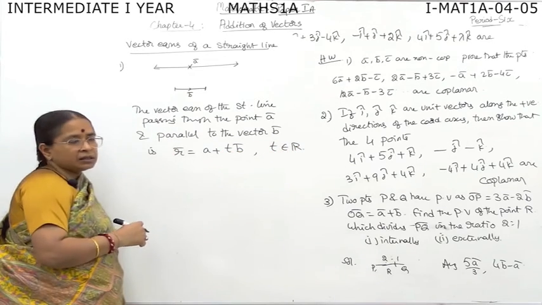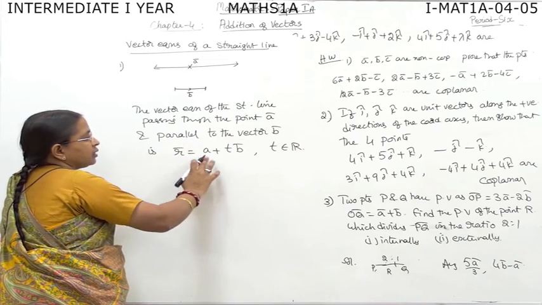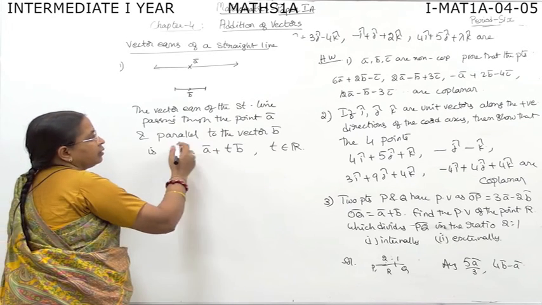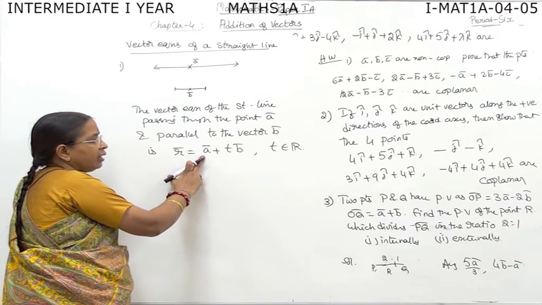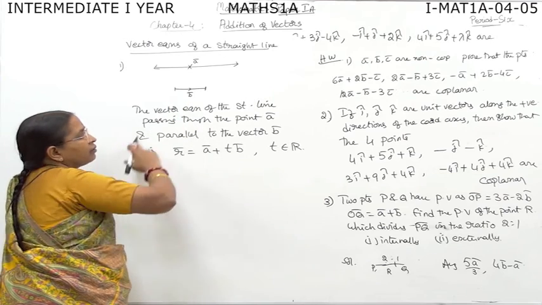You must learn this equation by heart: r = a + tb, passing through the point A and parallel to the vector B.